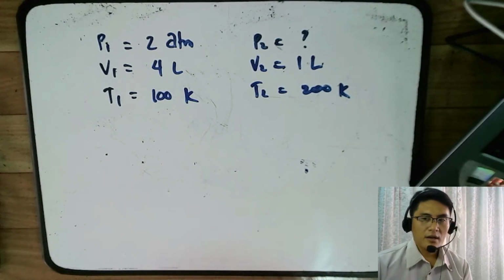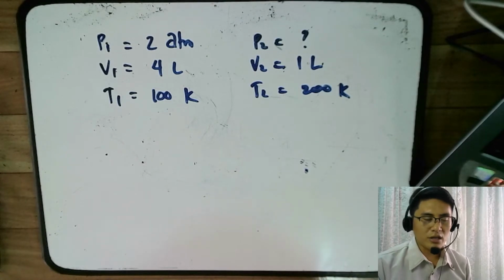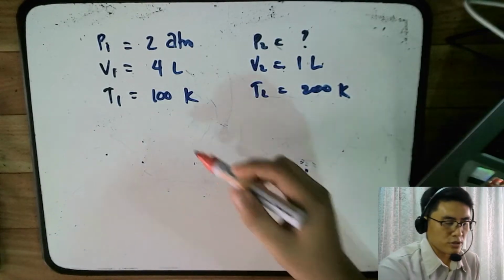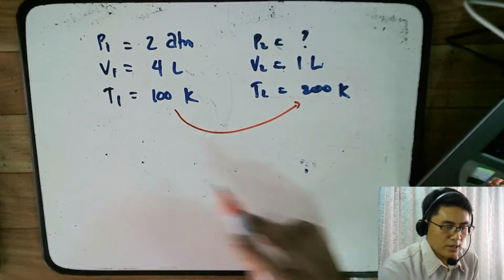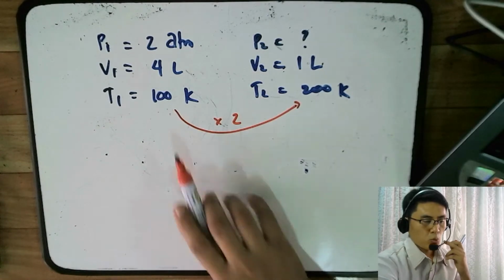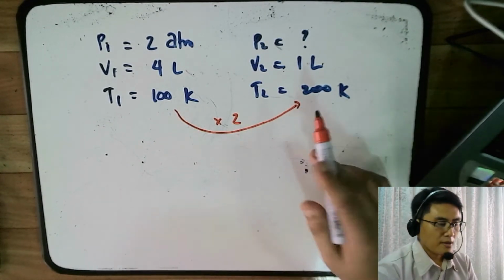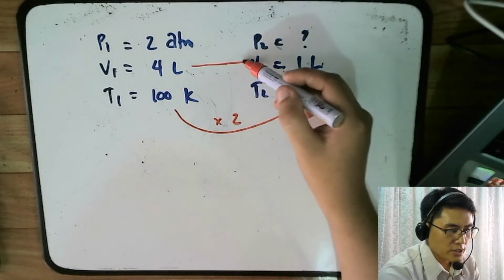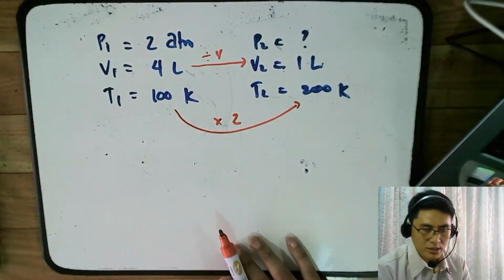In this case, again, you can still use some of the mathematical intuition that we talked about. Here you look at what happened to the temperature. If you notice, the temperature is multiplied by 2. From 100 Kelvin, it went to 200 Kelvin, so that's times 2. And the volume is divided by 4, right? 4 divided by 4 is 1.